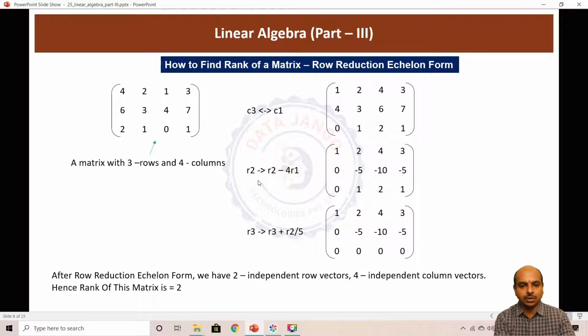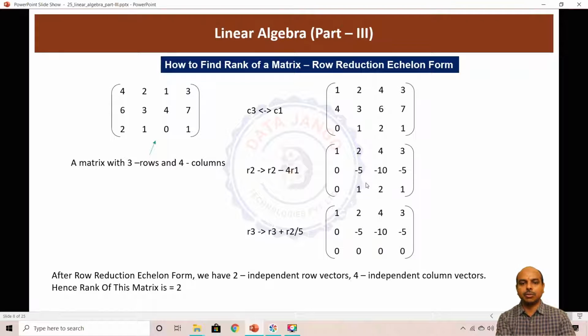This is called row reduction echelon form. I have taken the second row and am trying to subtract the first row multiplied by 4. R2 minus 4 into R1. So I got 4, 8, 16 and then 12, right? When I subtracted this from the second row, what happened? 4 minus 4 is 0. 3 minus 8 is minus 5. 6 minus 16 is minus 10. 7 minus 12 is minus 5.